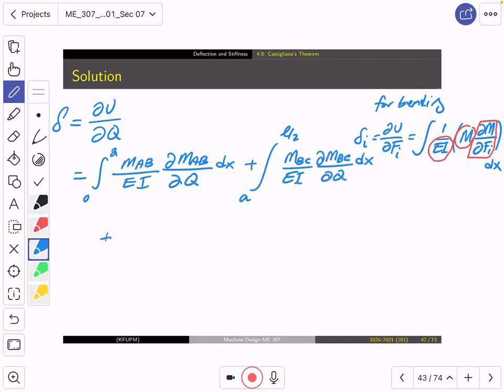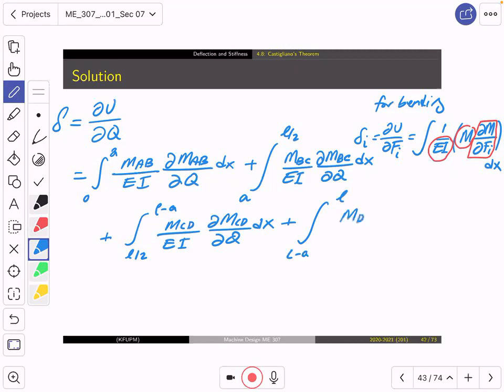And then plus the integral from L over 2 to L minus a for M_CD divided by EI, and then del M_CD over del Q dx. And finally, the integral from L minus a to L for M_DE over EI, and then del M_DE over del Q dx.